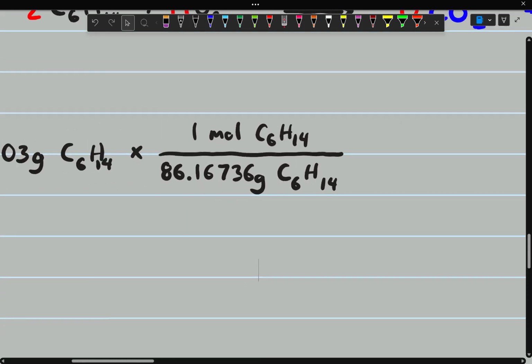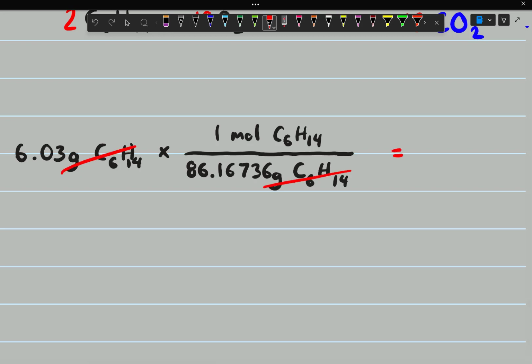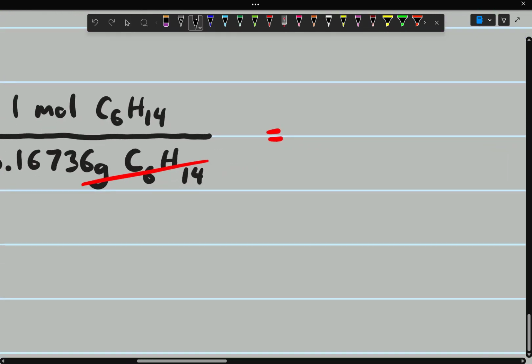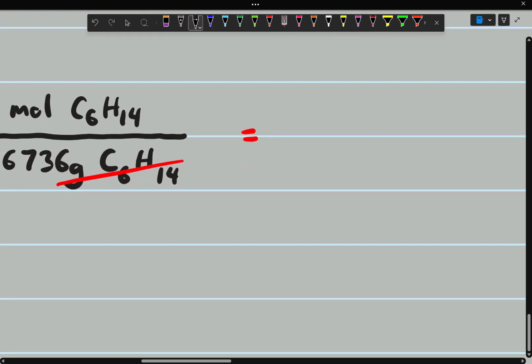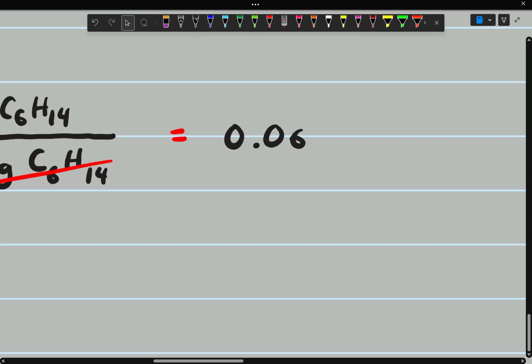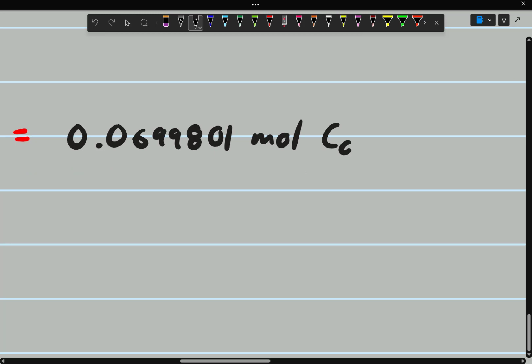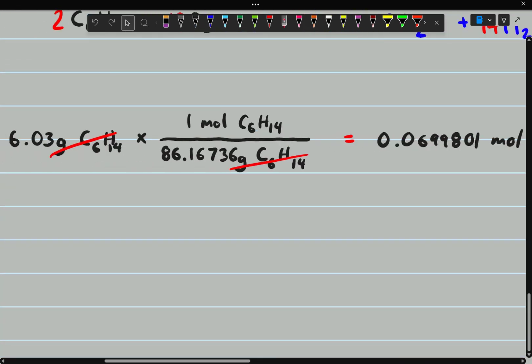And if we multiply this out together, of course, grams of hexane cancel, and you end up getting 0.0699801 moles of hexane. So that is how many moles of hexane we started with.